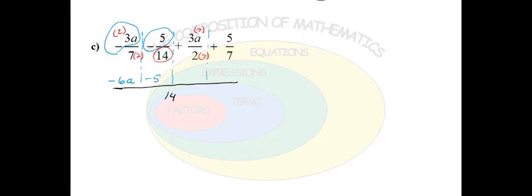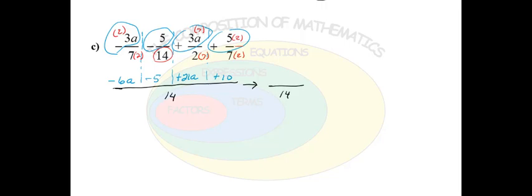So again, positive 3a times 7 would be a 21a. And then finally, the last denominator is 7. I need to multiply top and bottom by 2, and we would get a positive 10 for that term value. So we have one fraction all over 14.